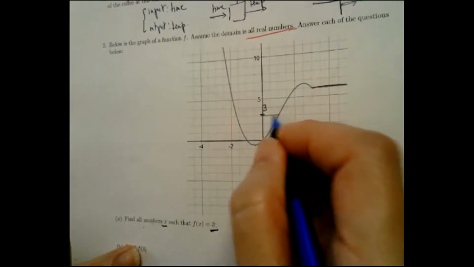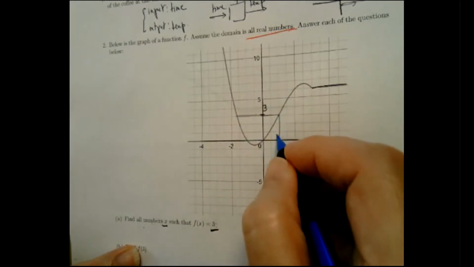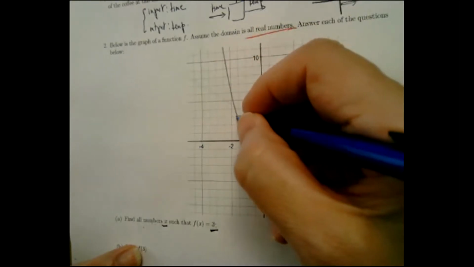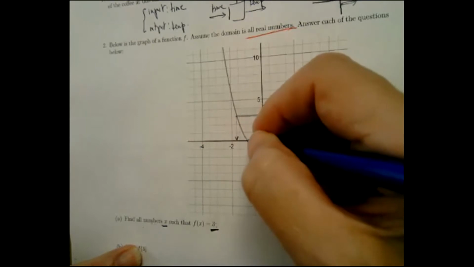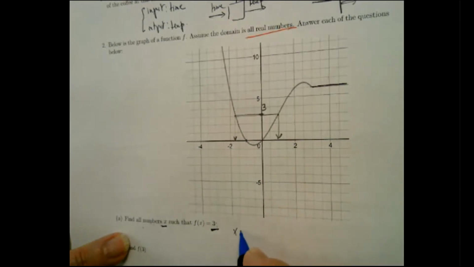And I want all the input. But the output is 3. That's one. The other one, I know that you are reluctant to give me an answer. Who can give me an approximate answer? It doesn't always have to be exact. So one value is very clear. This is a 1.